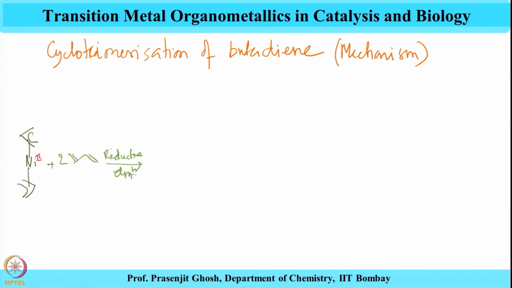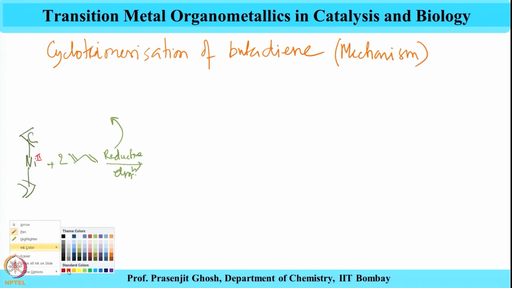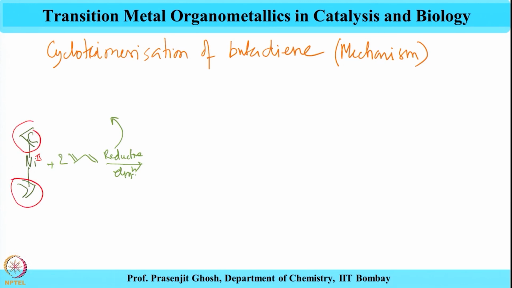Of the 2 allyl moiety to give a diallyl compound as is shown here. So, the reductive elimination happens between this and this, resulting in the diallyl compound as is shown over here.